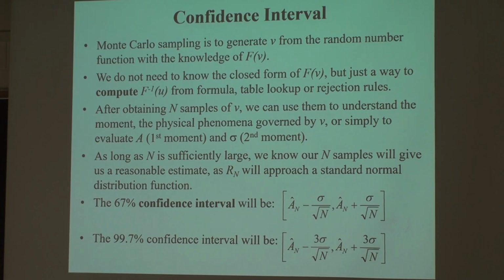Three sigma confidence is this, because the distribution is a normal function. Within these intervals, you have this much confidence.